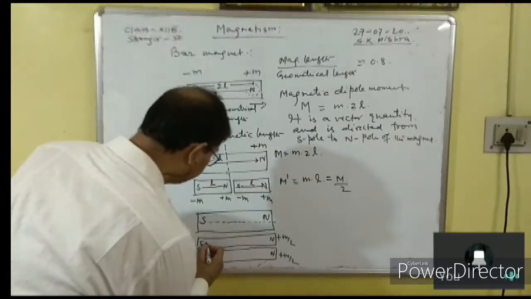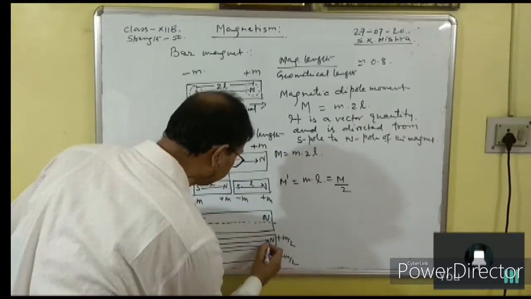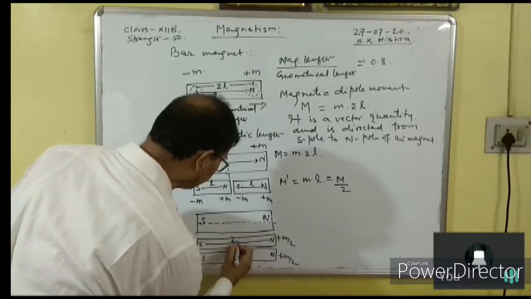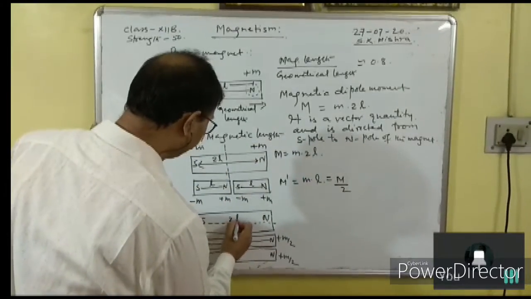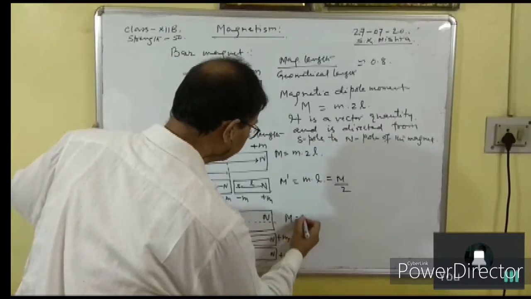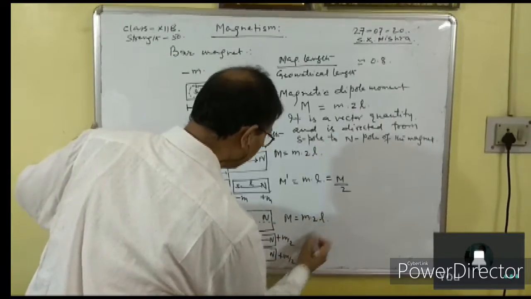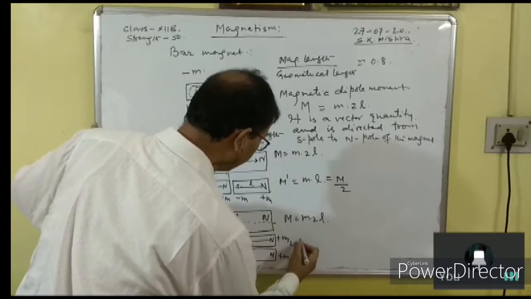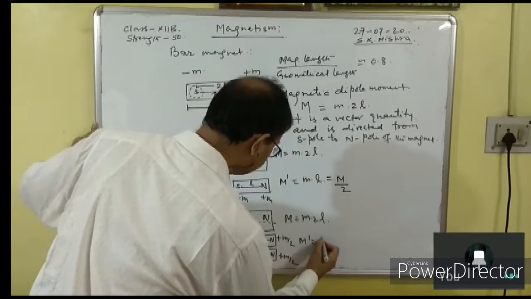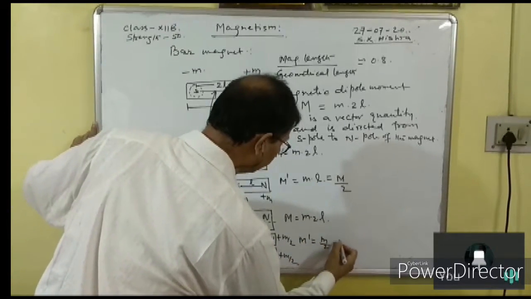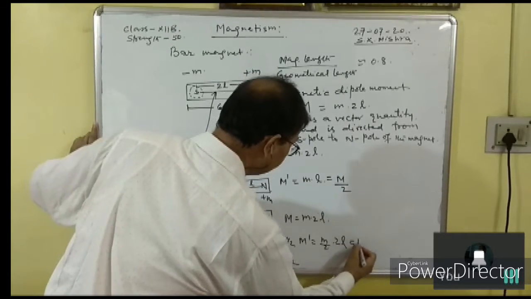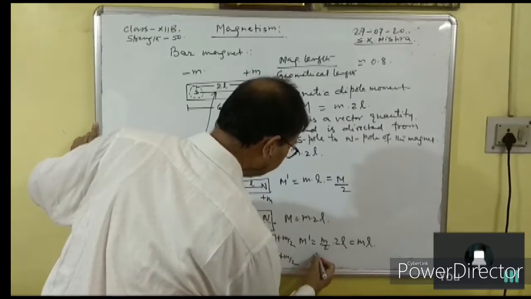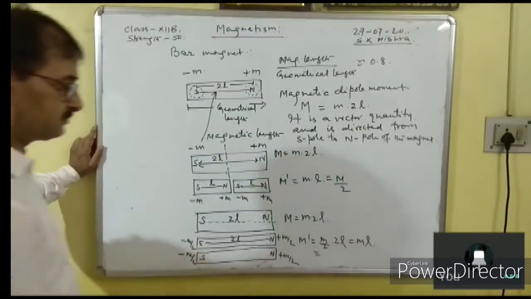Now this was north, south. Now here it is north only, south, south. The thing is, now the two parts will not attract each other. Rather, they will repel. Now you cannot join them, because south pole will repel south pole, north pole will repel north pole.